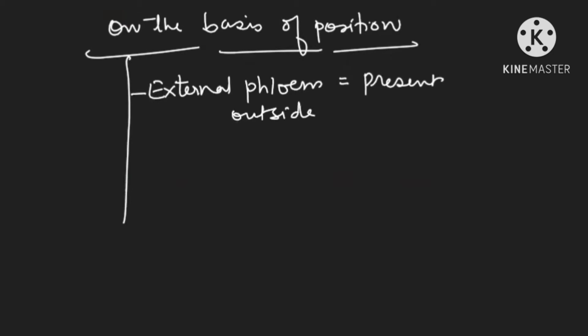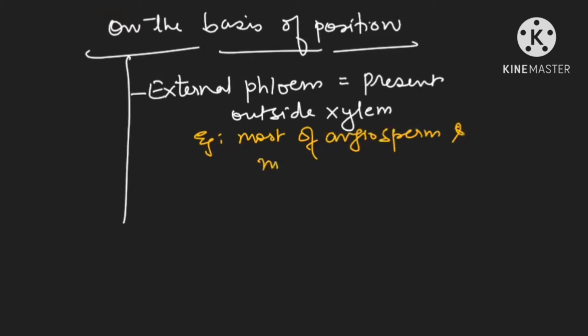When it is present outside the xylem, the example is most of the angiosperms and gymnosperms. They are the ones having this type of phloem. So that is your external phloem.